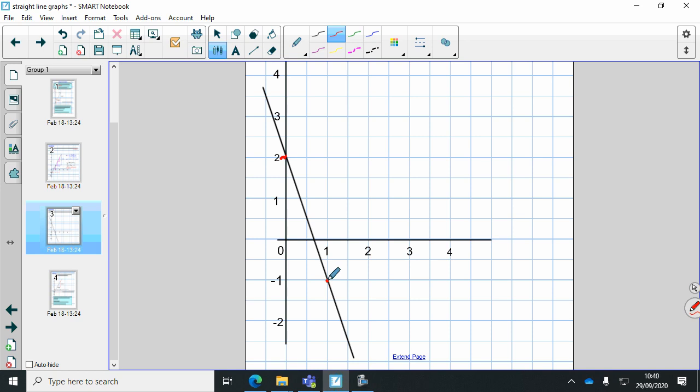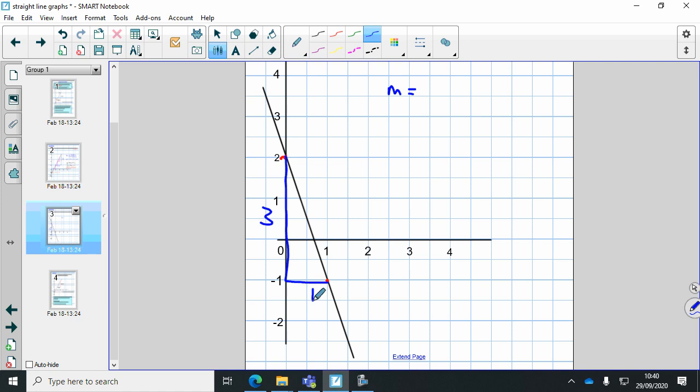I'm going to draw a triangle. Okay, so to calculate m, I first need to work out the vertical distance. Remember, each box is a half. So it's going down 1, 2, 3. And then we're going across 1.